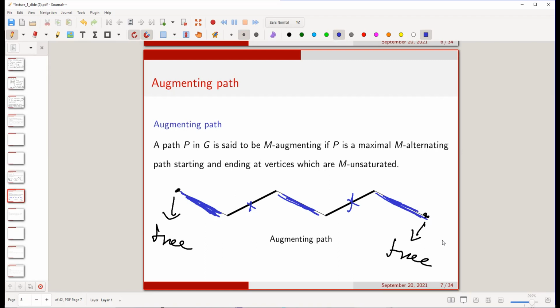And the good thing is that the size of the matching increased by 1, because we removed 2 edges and added 3.